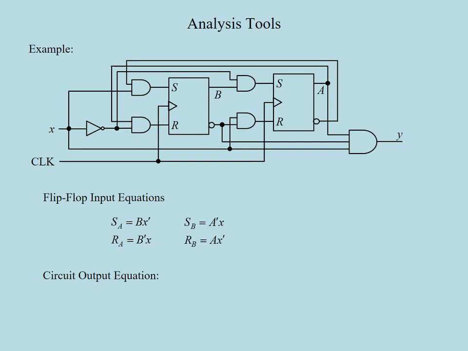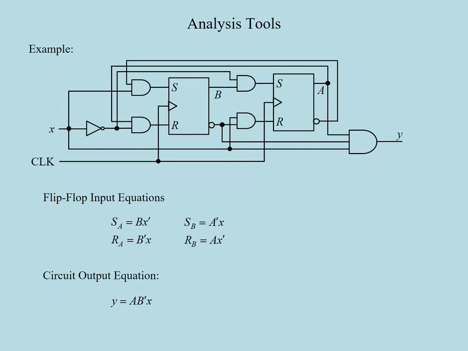Note that writing the flip-flop inputs in this way carries also the information about the number of flip-flops in the circuit and about the type of the flip-flops. Therefore, if we are also given the circuit output equation, we have all the information we need to redraw the circuit diagram or to derive the state equations.